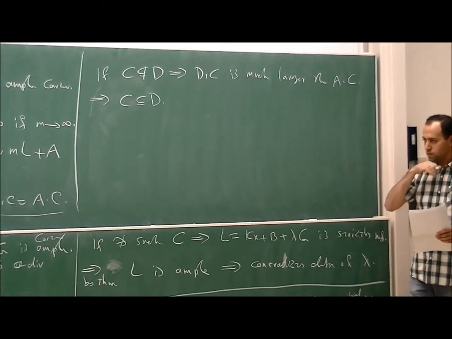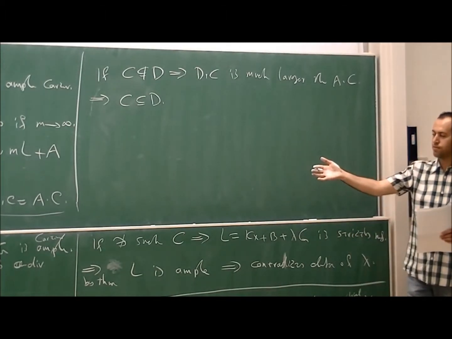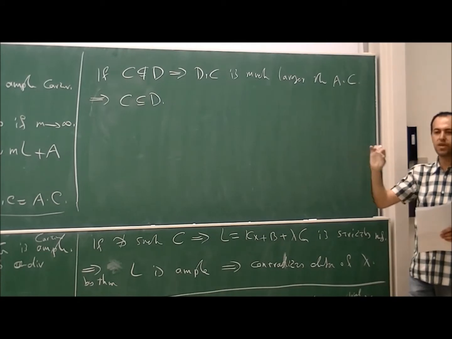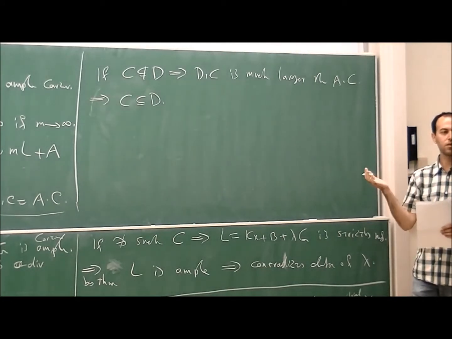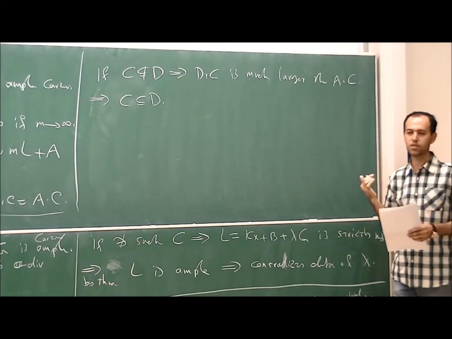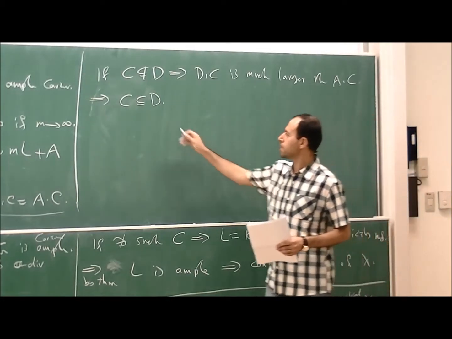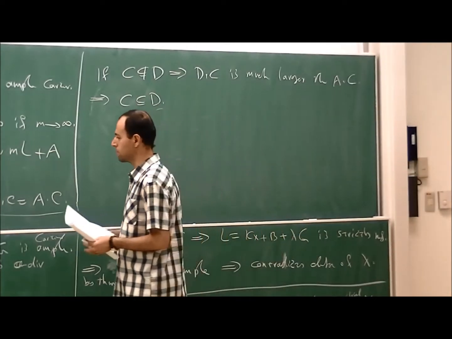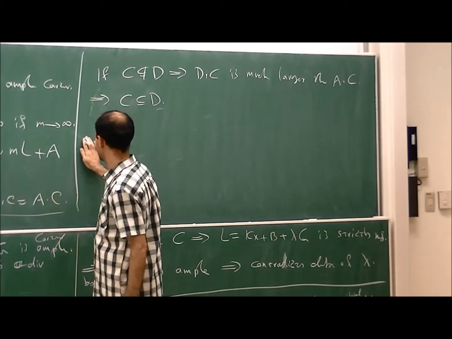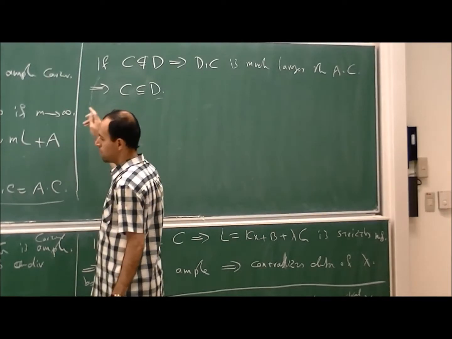So in other words, when there is such a curve and you are given this point, you can create very large multiplicity at the point, but the problem is you can never avoid the curve itself. No matter what D you take, D always contains C, and this is not very useful for proving the kind of theorem that I mentioned.